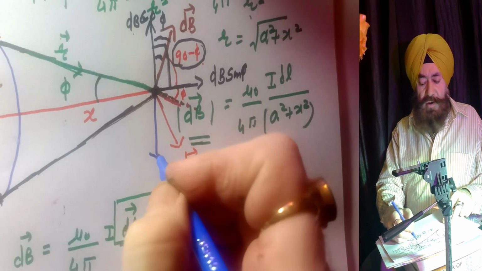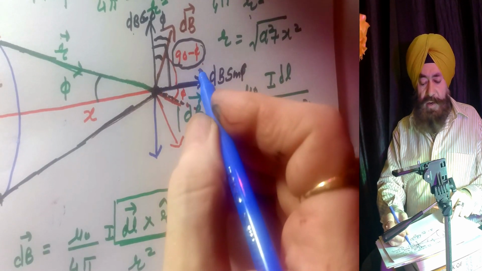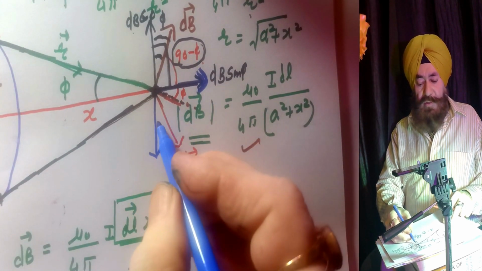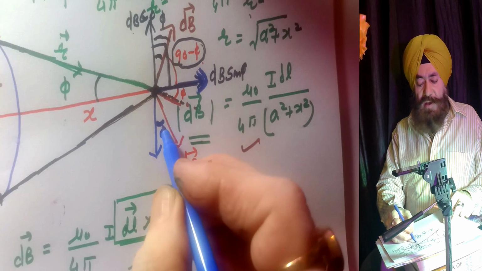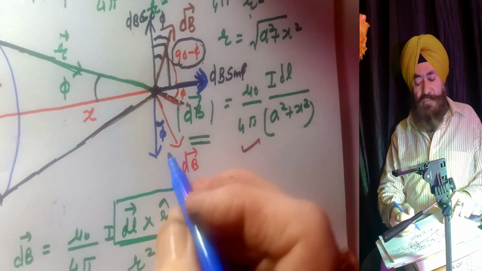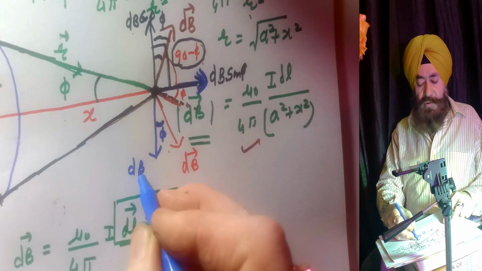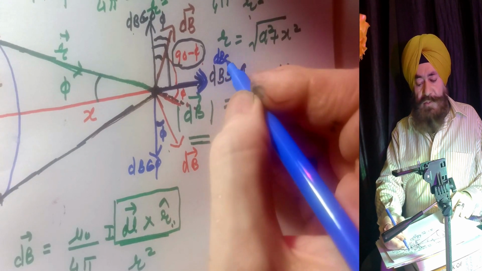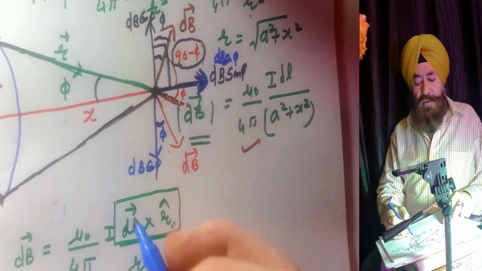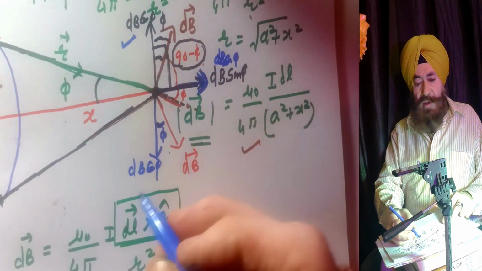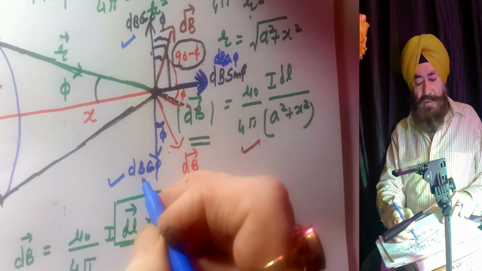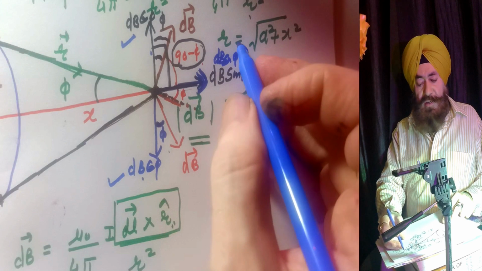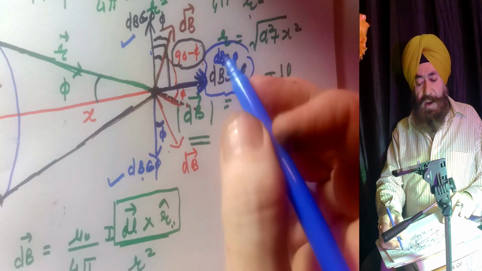One component along this side, second component again along this side. This angle will be again phi, as I already explained. This component will be dB cos phi. This component will be dB sin phi. So dB cos phi and this dB cos phi will cancel out. But dB sin phi, they are along the same direction and they will add.